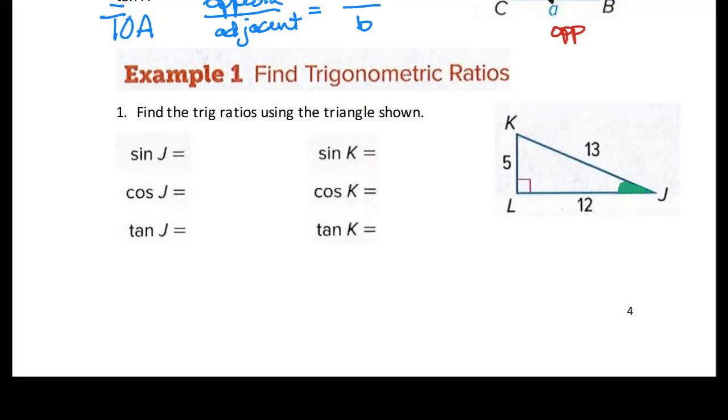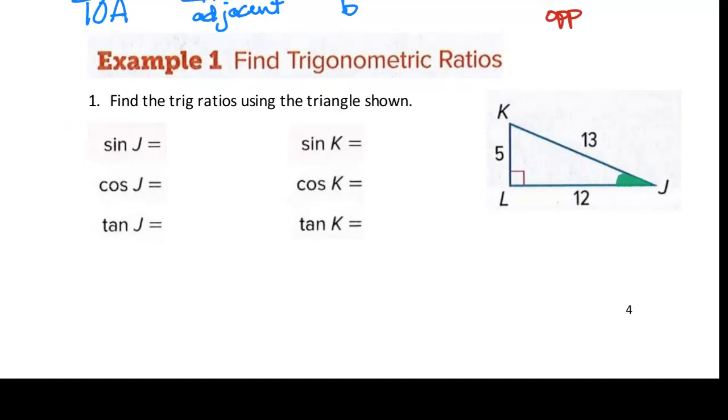So, you tell me which side has a length that is the hypotenuse. What is the length of the hypotenuse here? 13. Yeah, this is the hypotenuse. Right? Because it's across from the 90-degree angle.